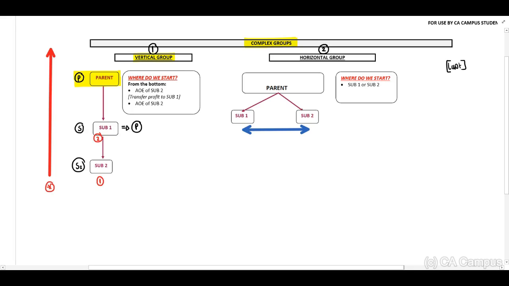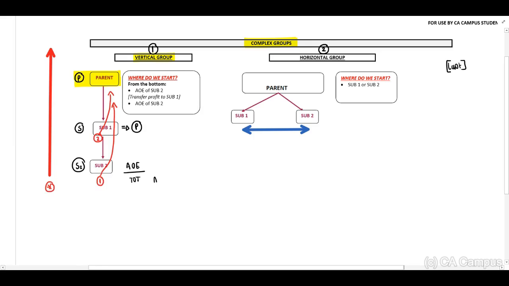Secondly, complete the analysis of owner's equity of subsidiary 1. And then only are you able to include all of the information. Now, why? Let's think about this, guys. In your analysis of owner's equity of subsidiary 2, you will have your total of your subsidiary.